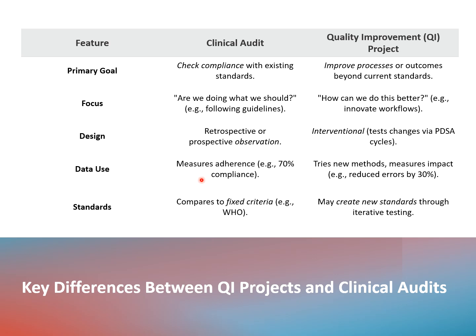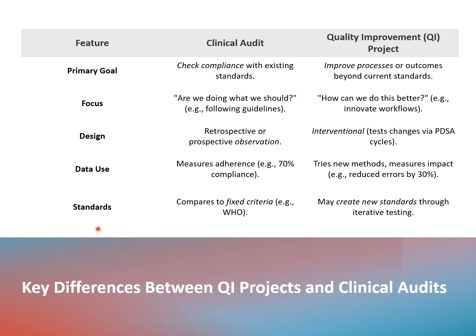Data use: audit measures adherence. For example, it will tell you there is 70% compliance to any procedure or any step. While QI tries new methods and measures the impact, for example, reduced errors by 30%.